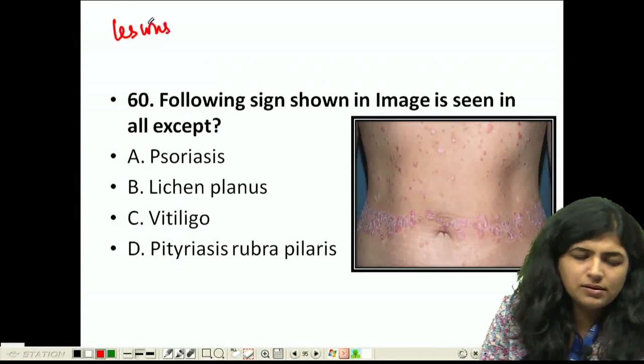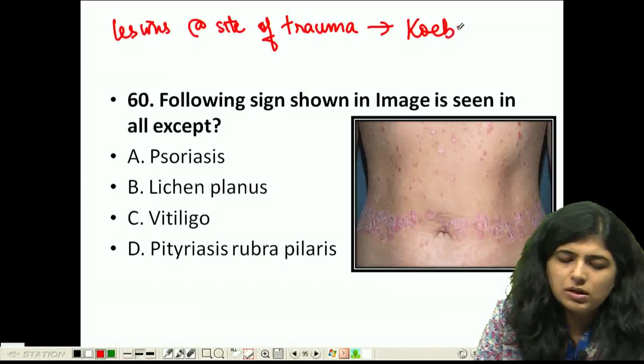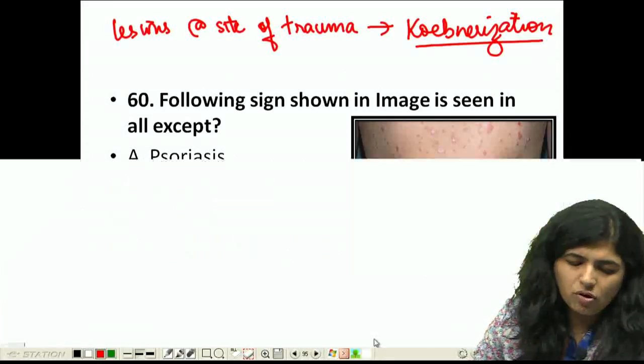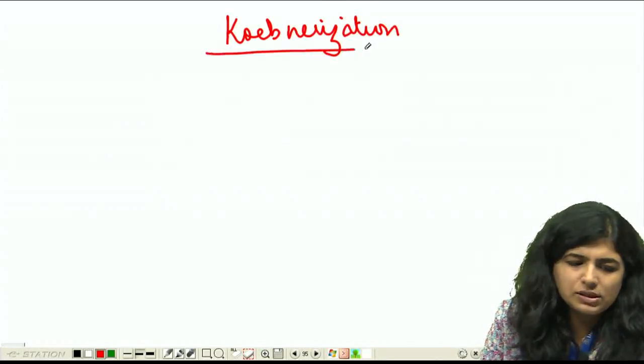Appearance of lesions at site of trauma. This is called as Koebnerization. We already discussed it in a question before, right? We have already discussed it, but I will tell you in short once again what is Koebnerization.